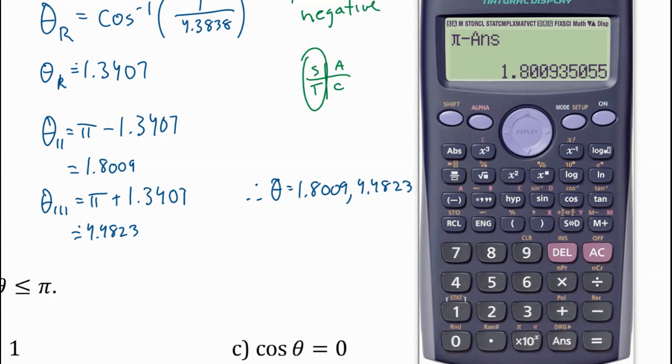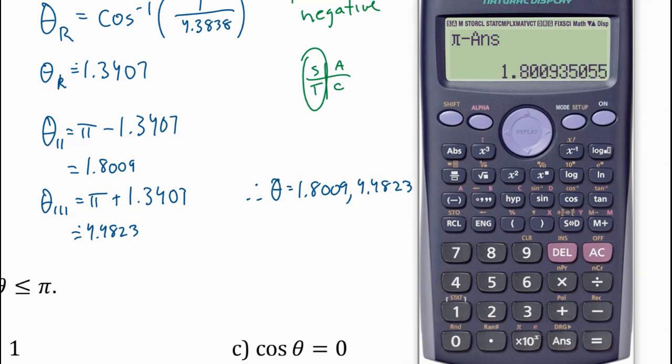If you don't like that for whatever reason, you could do it this way. So I've got that theta related on my calculator. I just hit equals again. And I would go shift pi minus answer to get the first one.